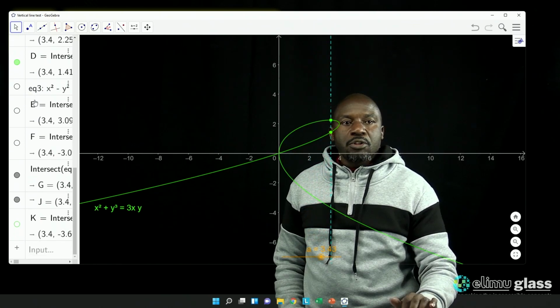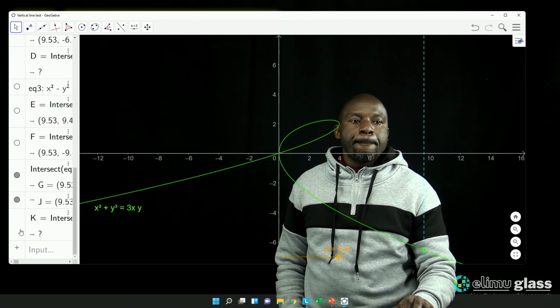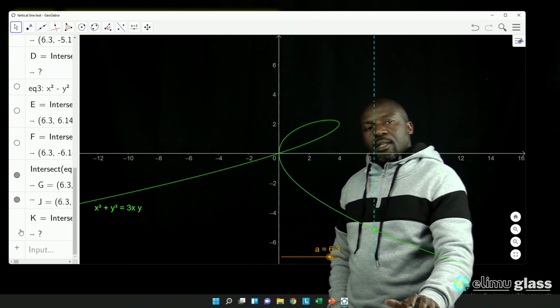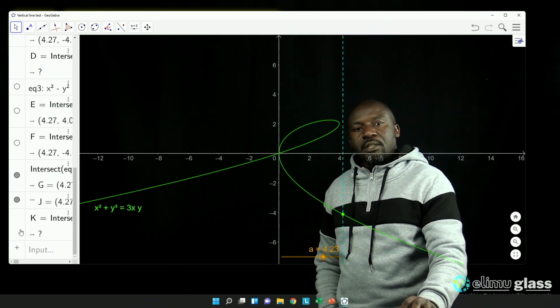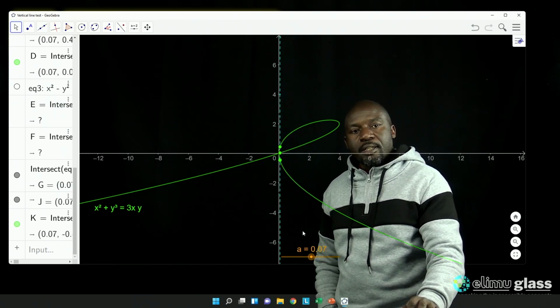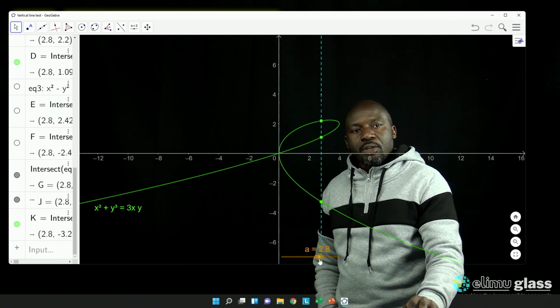All right, it's crossing two places, but in fact it is crossing three places. The vertical line crosses this graph at three different places. You can see that, right? I can take it back, or I can do it manually. You can see we are crossing at three different places.